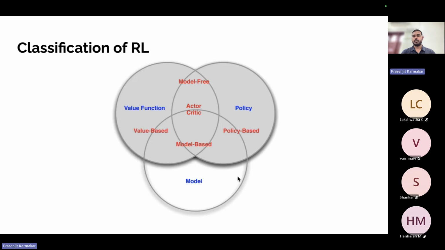We'll explore all of them later on, but for now, you know what a model is, you know what a policy is at least. Value function means your state action value function or normal value function. Now we'll see what the model free method is.